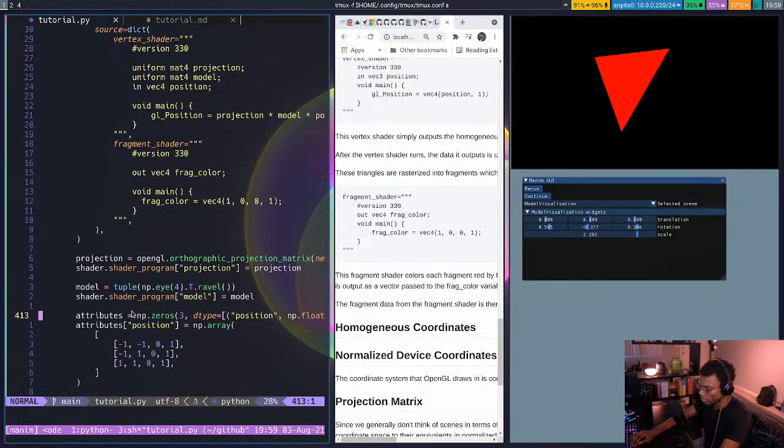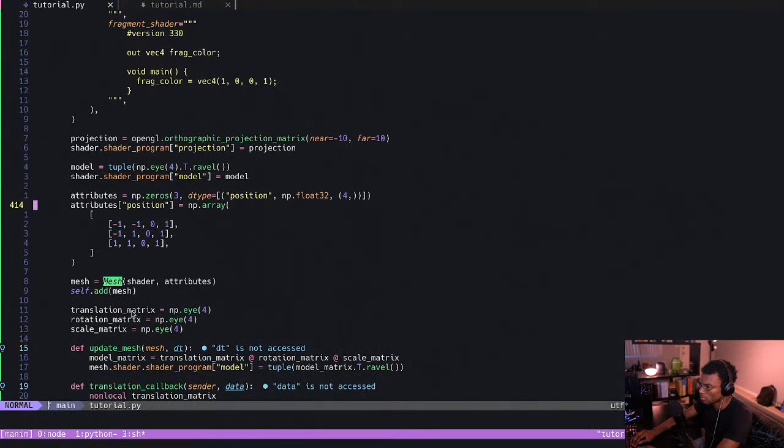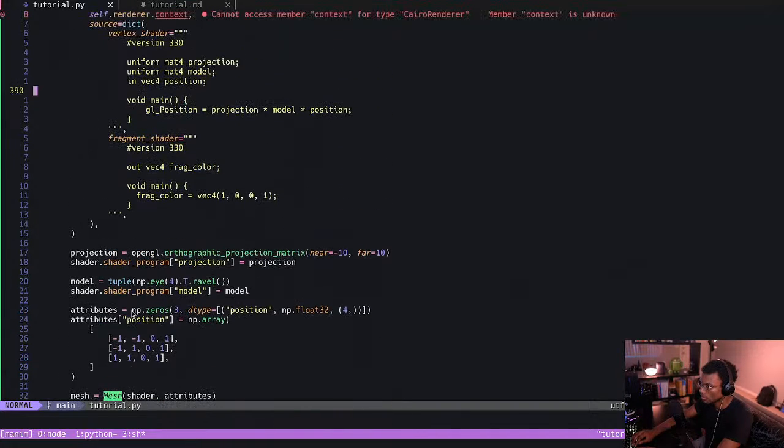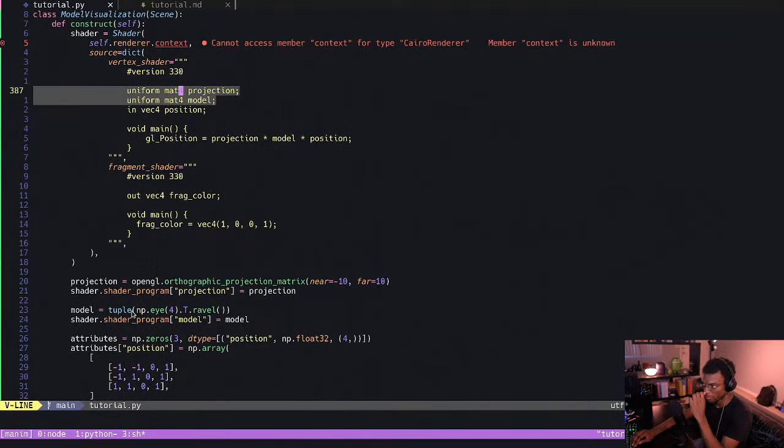Let me see what this code is doing. Model. So I have it in identity by default. And it's actually taking in both a model and projection matrix.